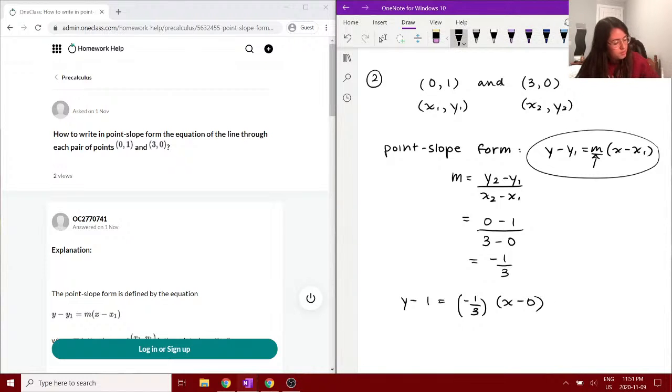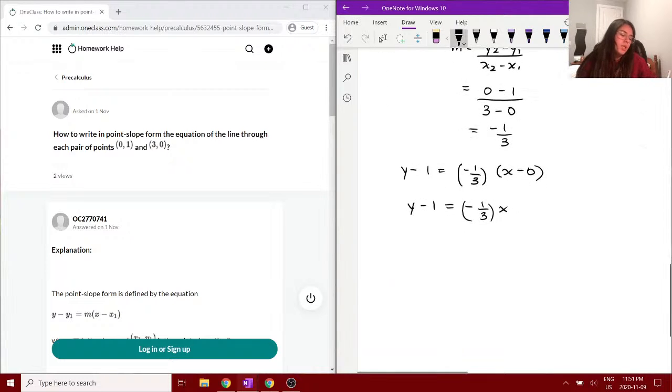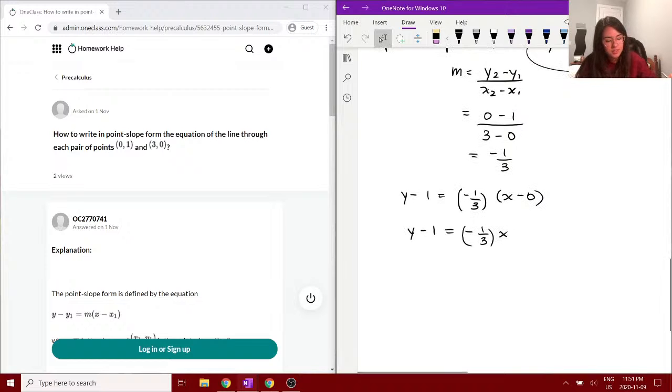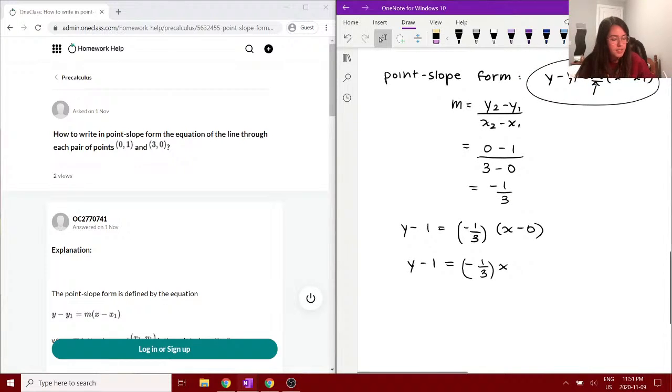So minus 0, or just, y minus 1 is equal to minus 1 over 3 times x. Okay? You'll probably rearrange the equation if you want to have it in a different form, but it's specifically asking for point-slope form. So this is the equation of the line.